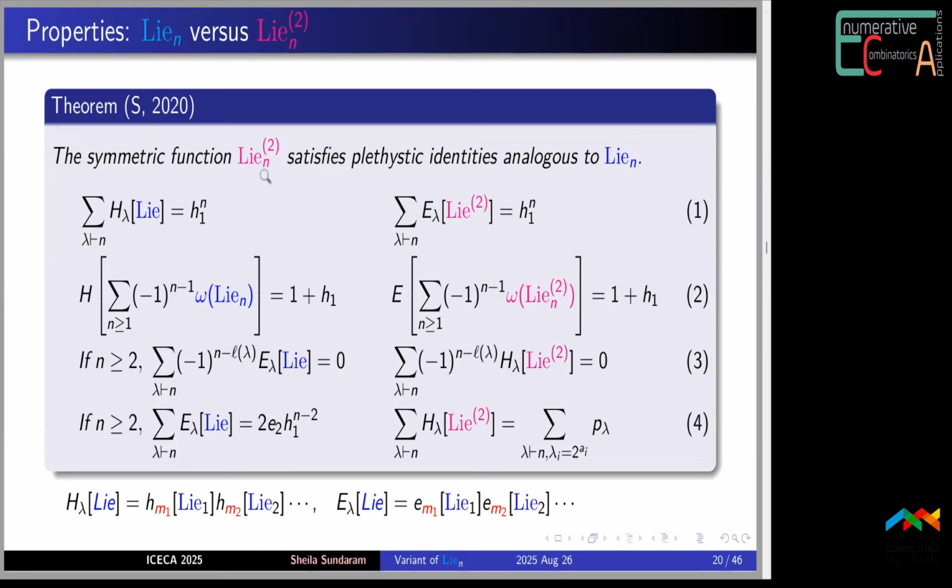The first one, for Lie, is just Thrall's theorem. And for Lie superscript 2, it's saying something interesting that I'll talk about in a minute. The second one is saying something about plethystic inverses of the series of h homogeneous symmetric functions and elementary symmetric functions.